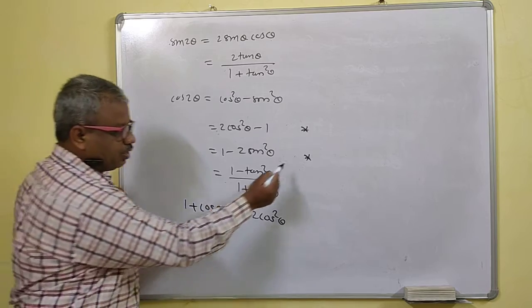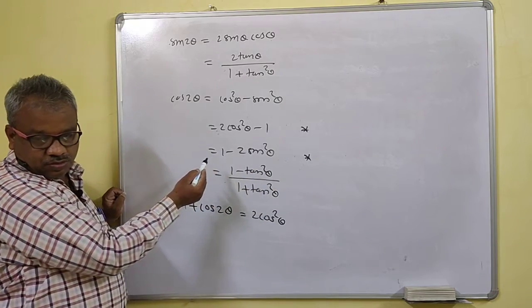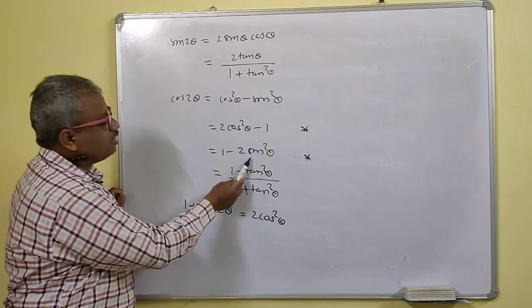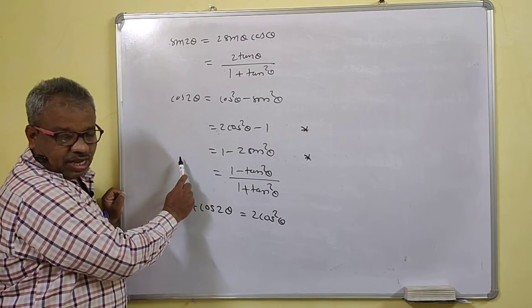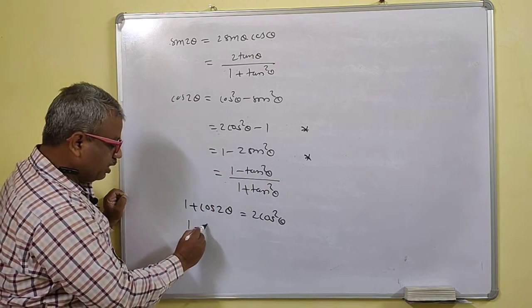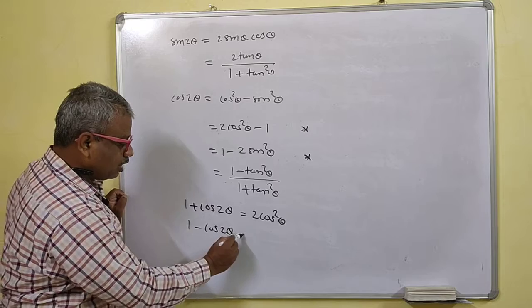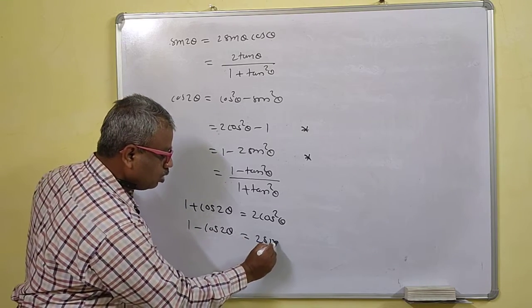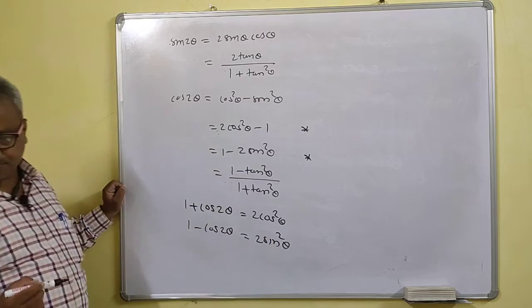Now from the second one, we'll shift sin square theta to this side, and cos 2 theta to that side. So we get 1 minus cos 2 theta is equal to 2 sin square theta.